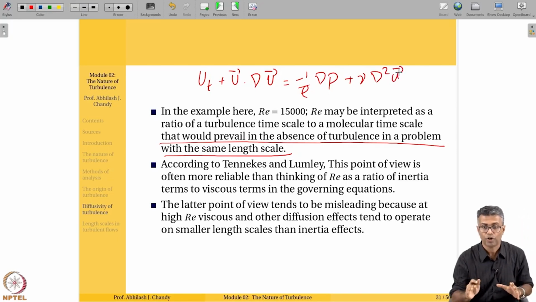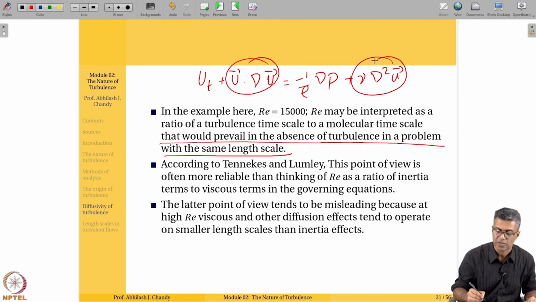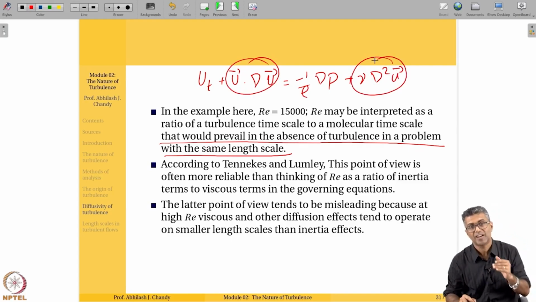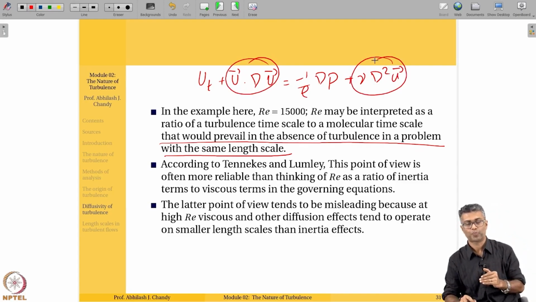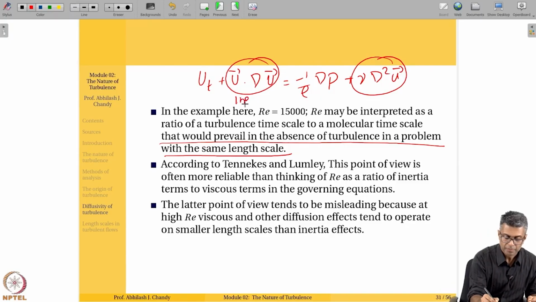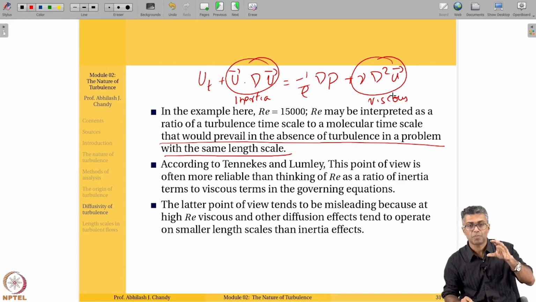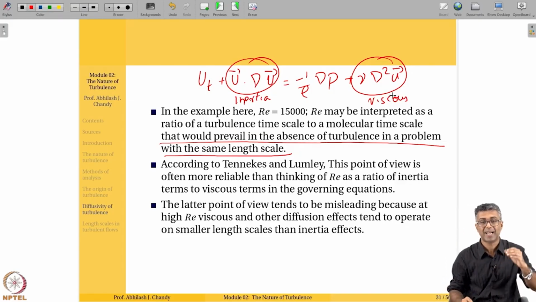Now if I do an order of magnitude analysis of inertia over viscous, I will get exactly ul over nu, which is the Reynolds number, correct? And this is inertia, this is viscous. But according to Tennekes and Lumley, it is more reliable to look at the Reynolds number as the ratio of time scales. Why is that?